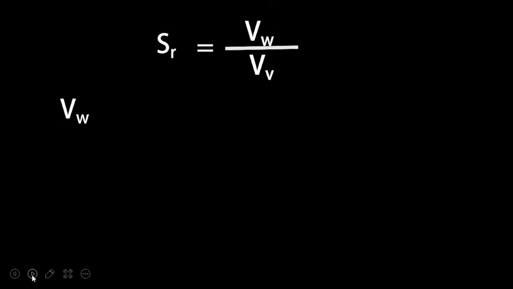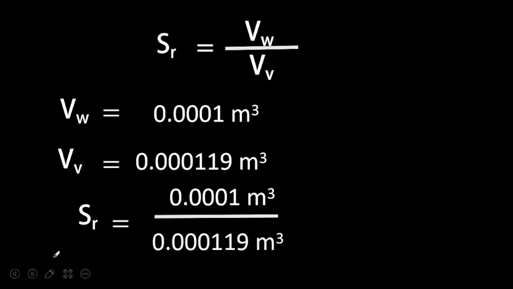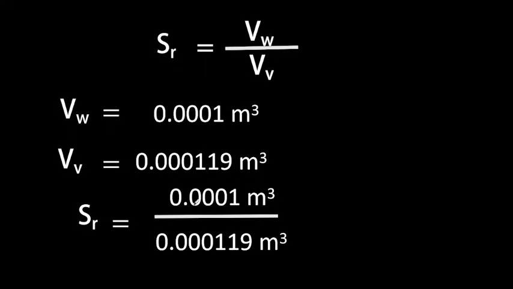So the volume of water from our calculation is 0.0001 cubic meters, and the volume of void from our previous calculation, we got 0.000119 cubic meters. So if you plug in values and then divide it, we have 0.840336.